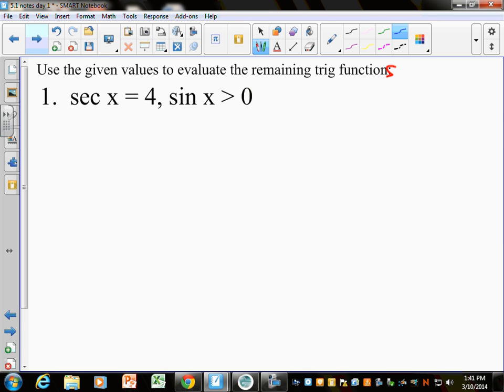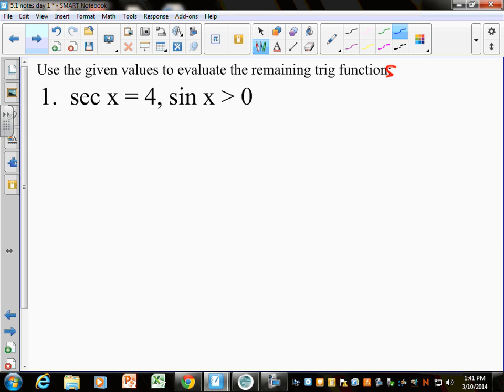Just like we did in chapter 4, they can give you a trig value and they can tell you something else about another trig function, and you should be able to figure out what quadrant you're in, and you should be able to draw a picture and tell me what the remaining sides of the triangle would look like.